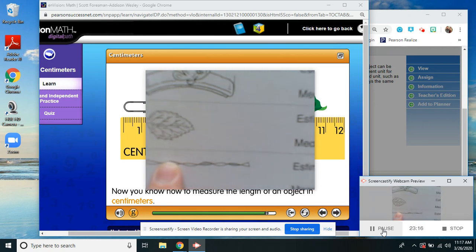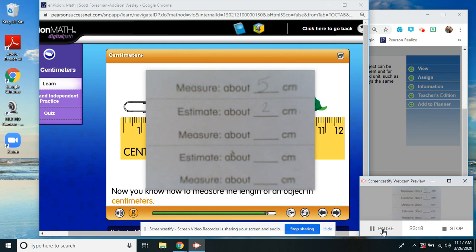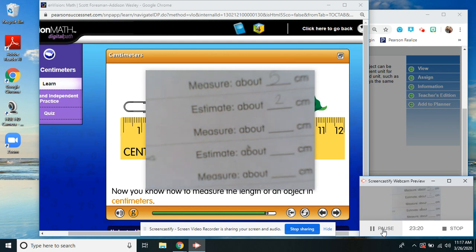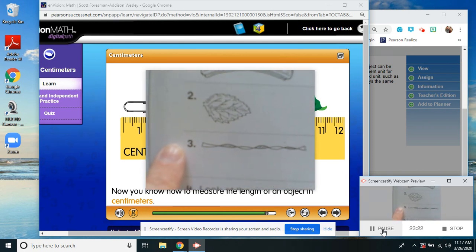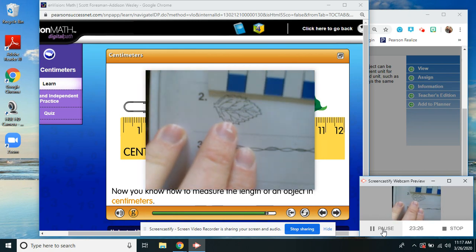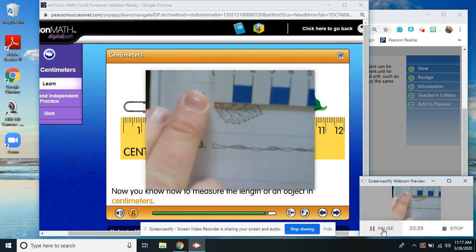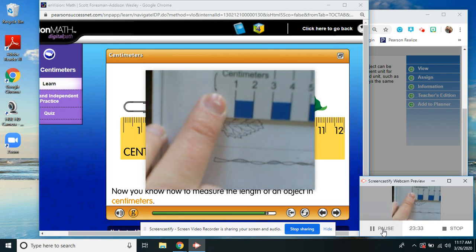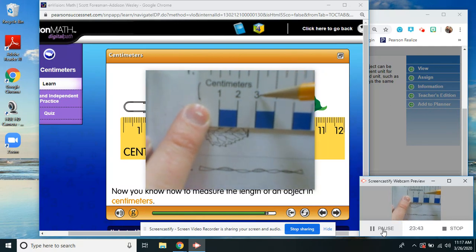Okay, so I wrote down my estimate. It is about 2 centimeters long. Yours might be different. Now I'm going to measure. Putting the edge of my ruler up to the end of my leaf. Ooh, my leaf. You might need to draw a line. Sometimes this helps me. My leaf is between 2 and 3 centimeters.